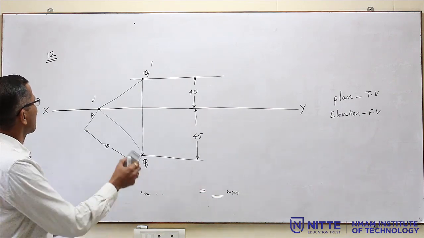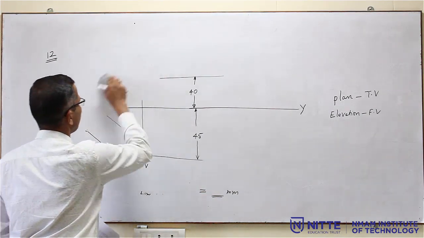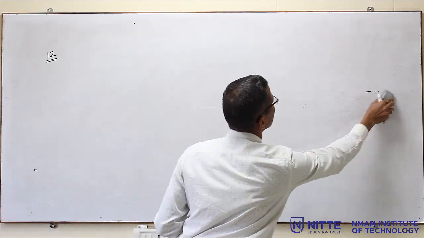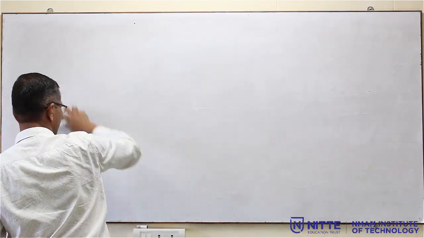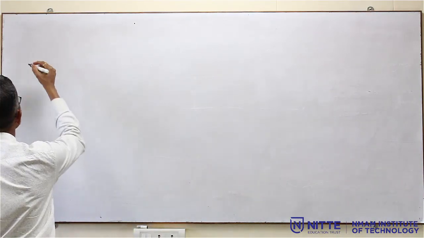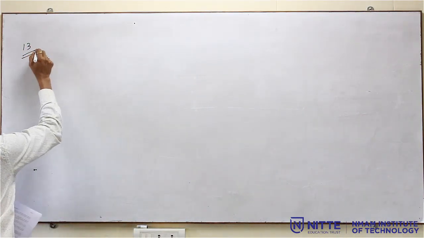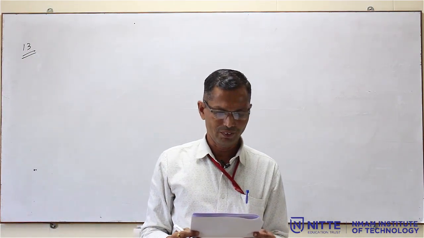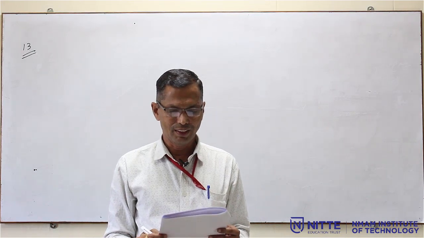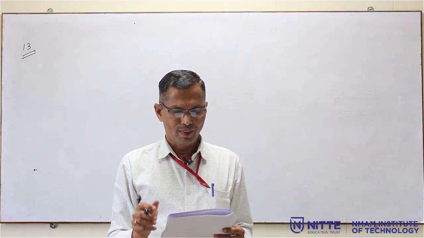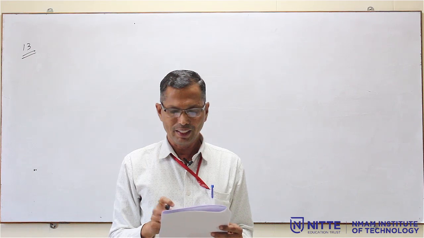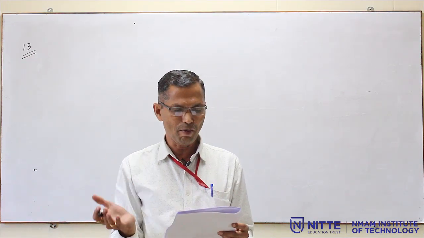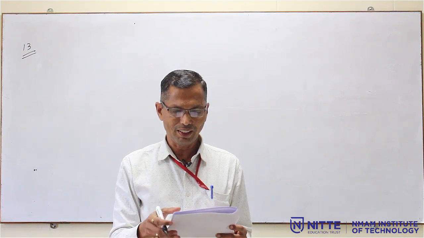Now, we will go for the next problem, the 13th problem in the question bank. The front and left views of a point in the third quadrant is 40 mm below the XY line and is at a distance of 30 mm and 20 mm on either side of the X1Y1 line respectively.